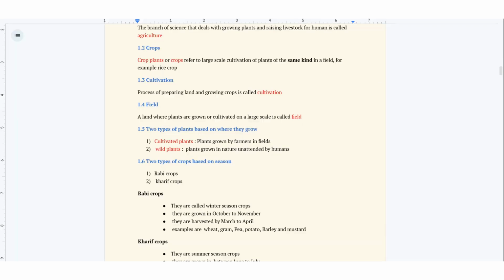So a land where plants are grown or cultivated on a large scale is called field. The key words to remember here are land, cultivation, large scale. So combining these three words or terminology, you frame the definition of a field.